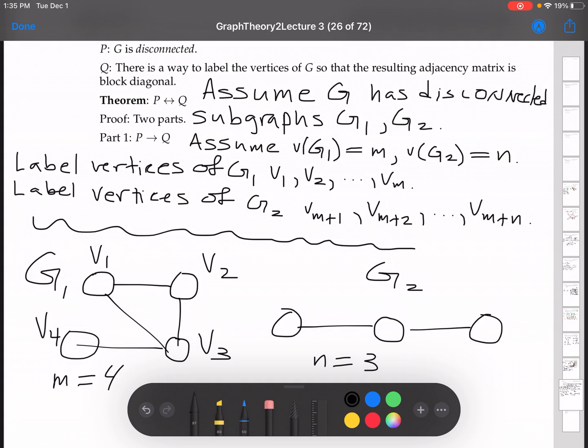And now I don't want to reuse these labels for G2 because that would be confusing. So I want to use a new label. Since M is 4, M plus 1 would be 5. So I'll label this one V4 plus 1, otherwise known as V5, then V6, and V7. And notice that V7 is in fact M plus N. N is 3, M is 4, so M plus N is 7. That's exactly where I get that 7. So that's what I'm doing in general.